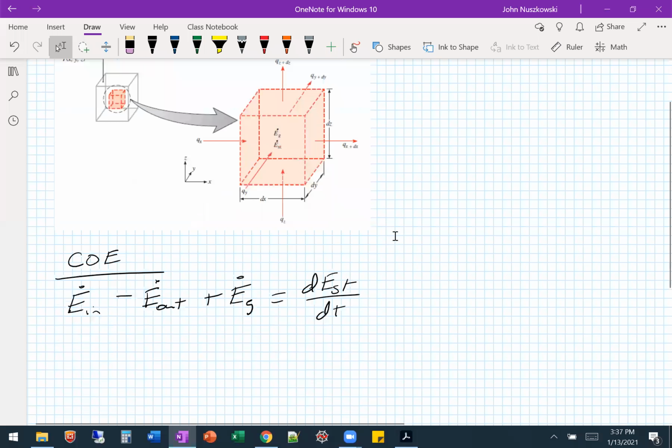Just looking at our little tiny cube of metal, let's say, we have some q_x in, and in the x direction on the other side of the cube we have q_(x+dx) out. So let's put those in. We have all the ins, and then we have the outs.